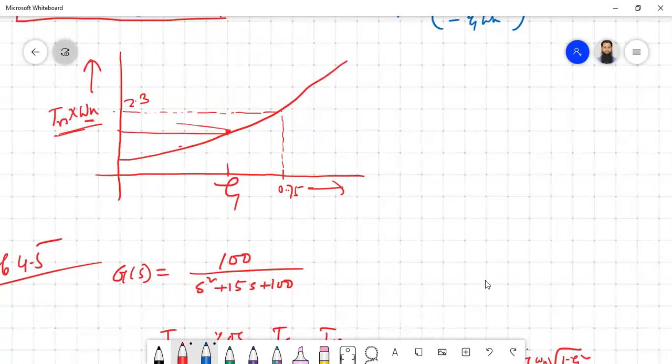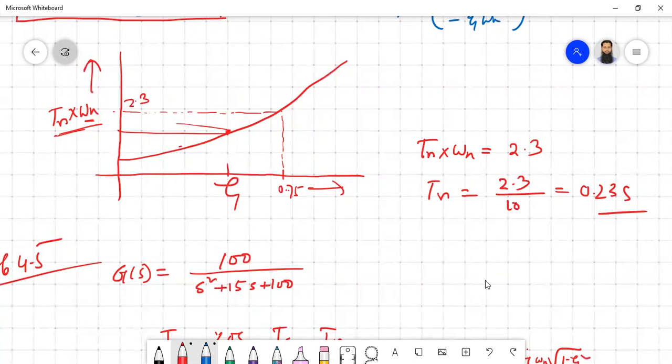So basically what we have is TR times omega n equal to 2.3, and our omega n is 10, so TR will be 2.3 divided by 10, that is 0.23 seconds.